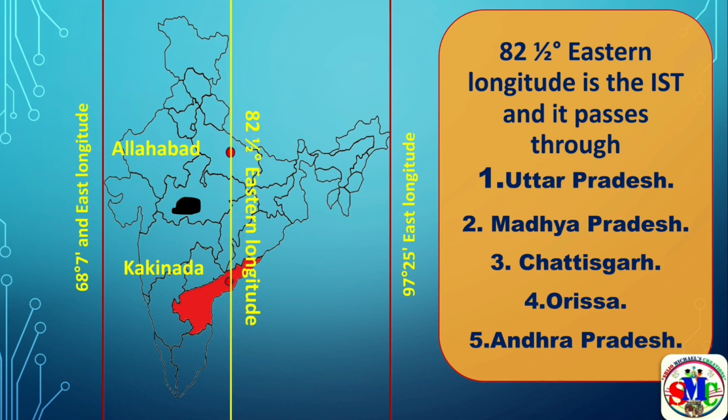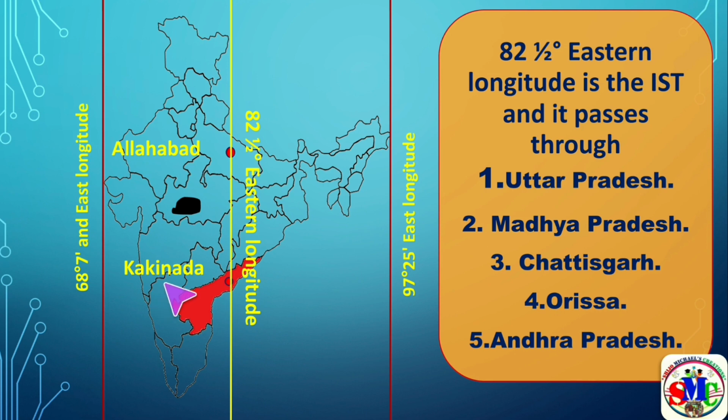One of the important map pointing questions from this area is to locate which main city the IST passes. Then you have to point Allahabad in Uttar Pradesh. Next question that can be asked from this area is through which city in AP it passes.